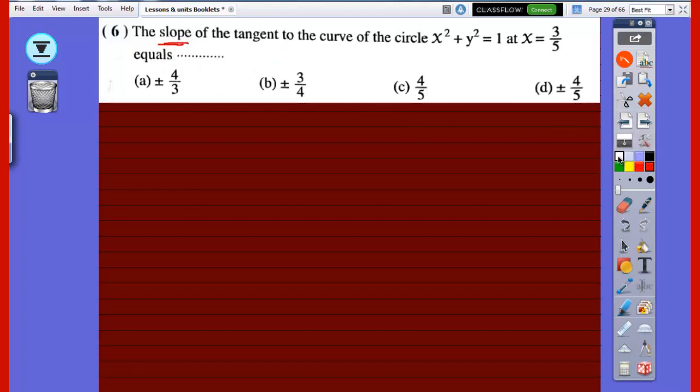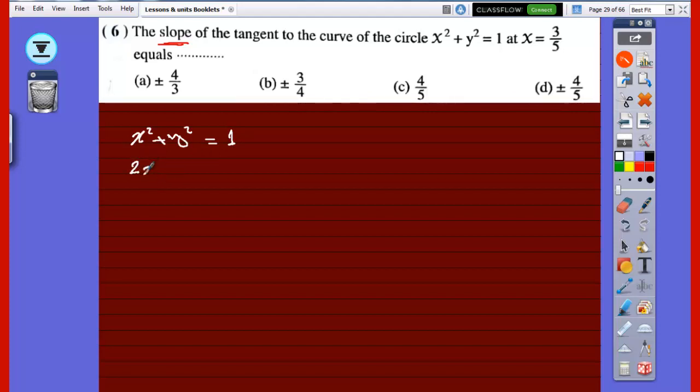So we will get the first derivative of x² + y² = 1. We will differentiate with respect to x.